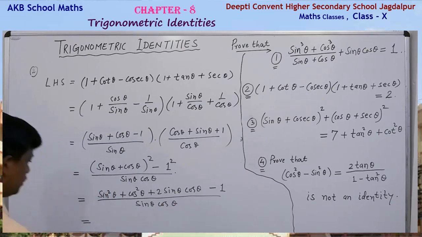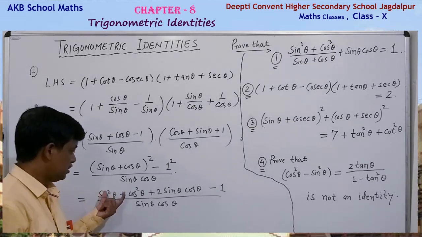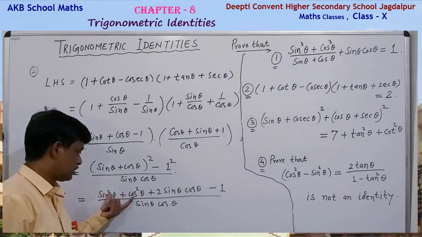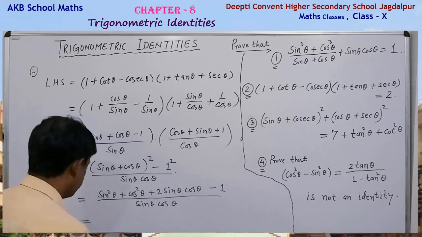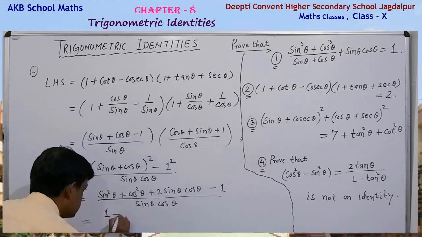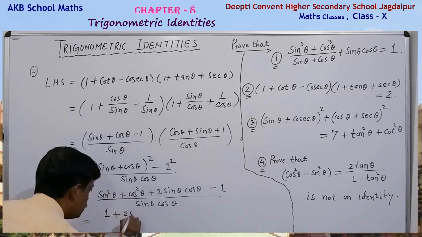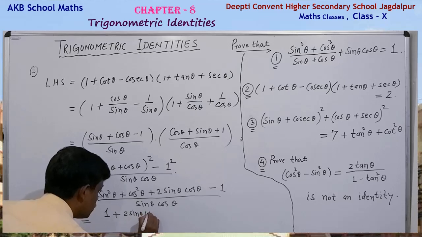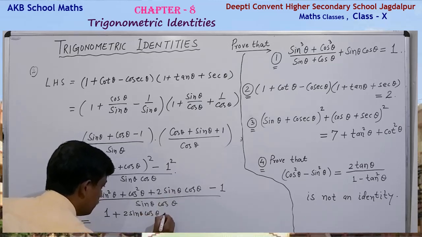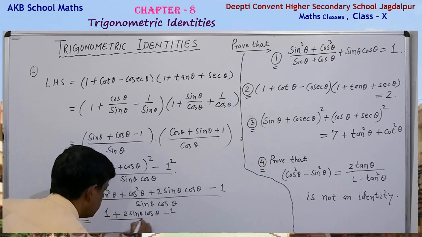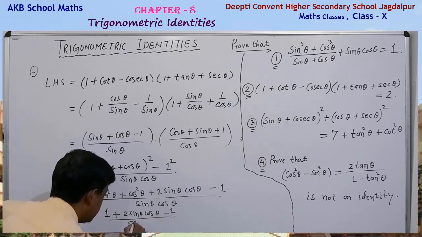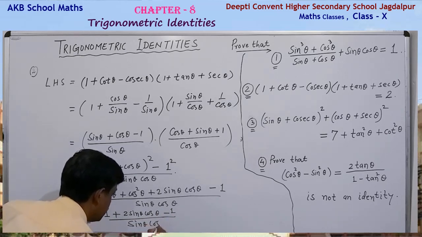This equals, sin square theta plus cos square theta is 1, so 1 minus 1 plus 2 sin theta cos theta upon sin theta cos theta.